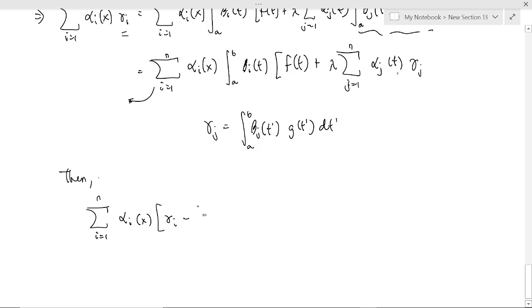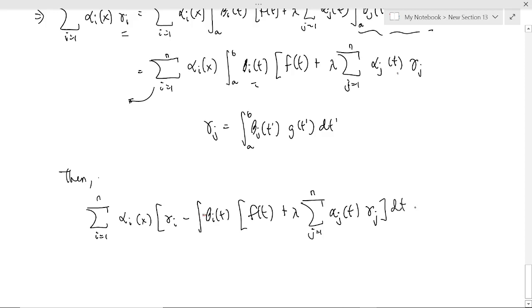So we have gamma_i minus the integral of b_i(t) times f(t), plus lambda times the summation of alpha_j(t) gamma_j, from j equal to 1 to n, dt, and this is equal to 0.